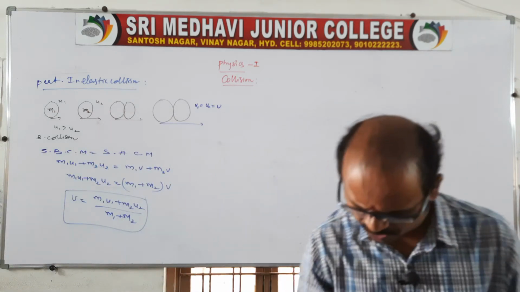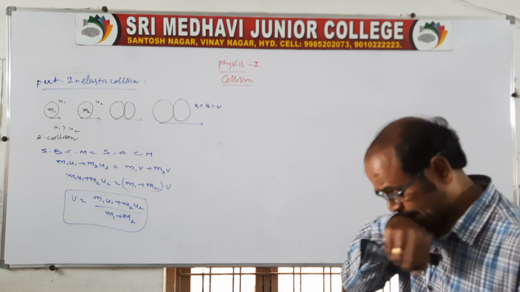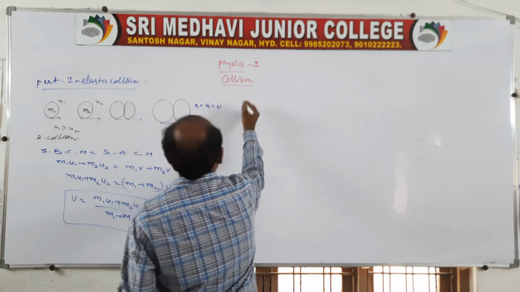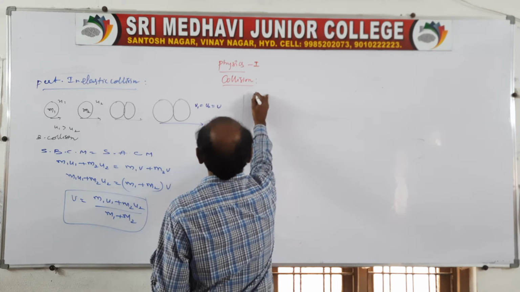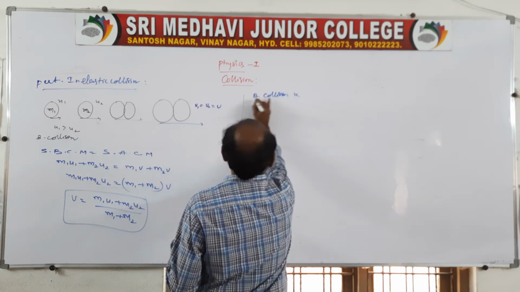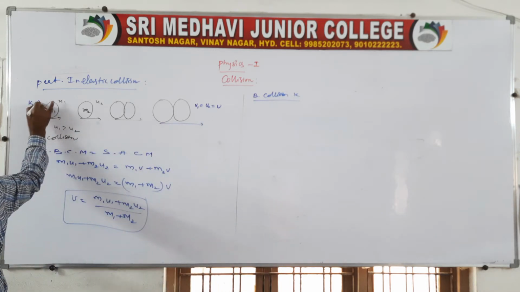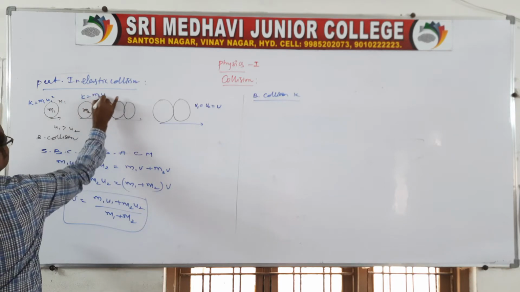Here it is about conservation of momentum. Later I would like to tell you about the kinetic energies. Before collision, the kinetic energy of the first body is 1 by 2 m1 u1 square and of the second body is 1 by 2 m2 u2 square.